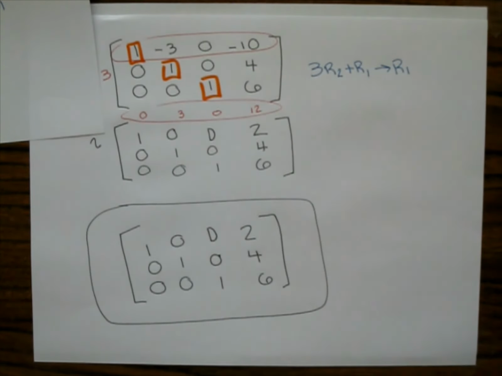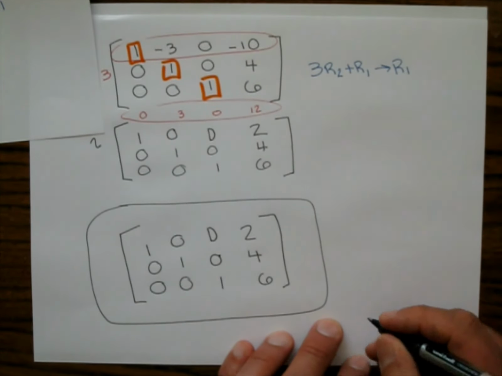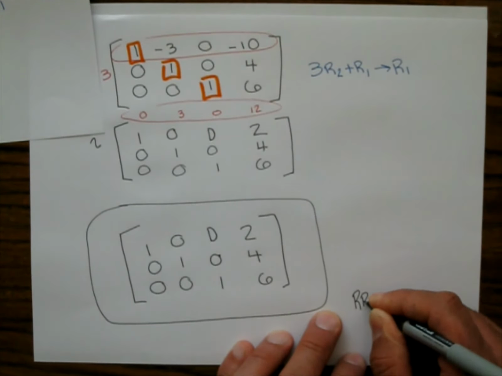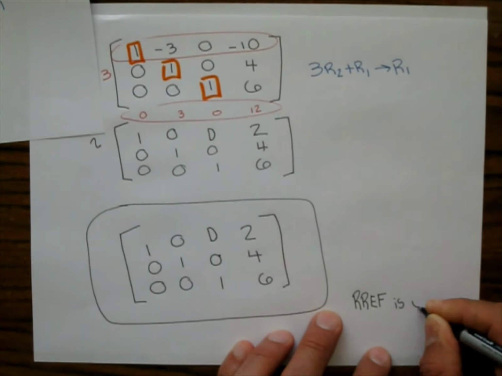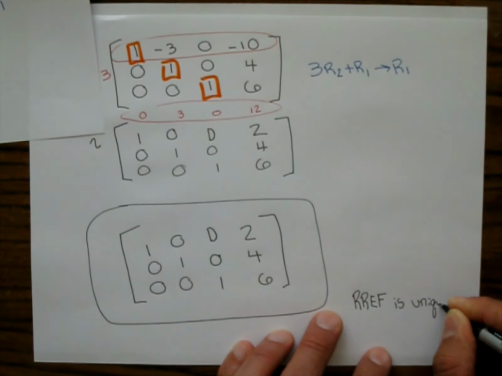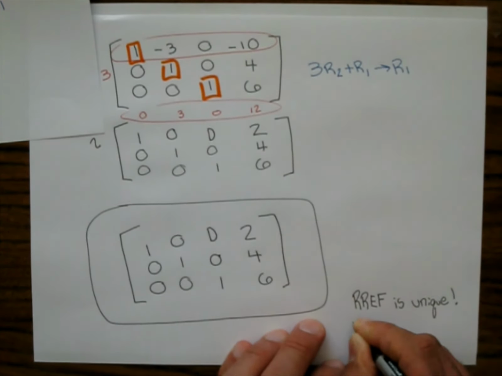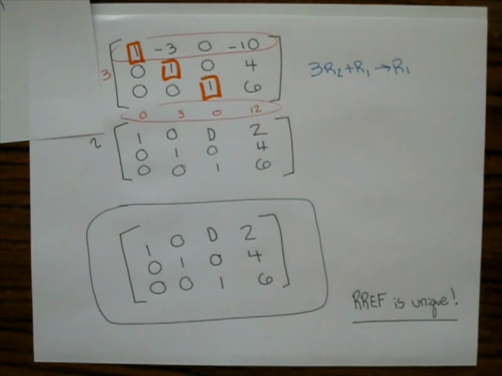So what does that tell you, if you believe me on that, is that REF is not unique, but RREF is unique. And so it doesn't matter how you do row operations, if they ask you to put it in reduced row echelon form, you should get exactly the same answer that the book gets in the back.